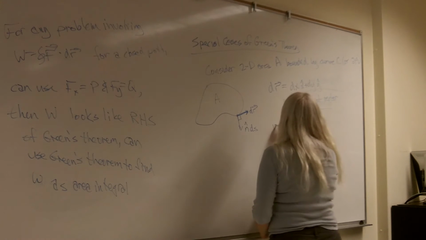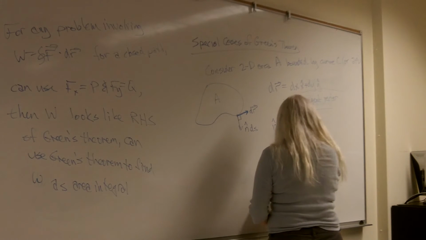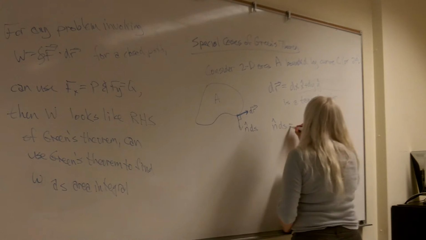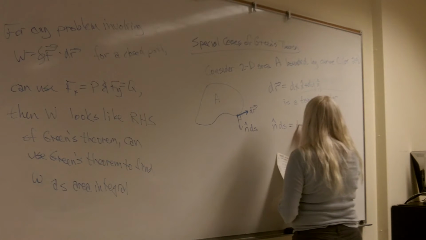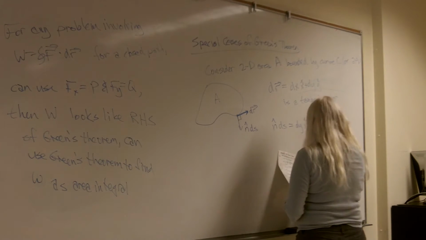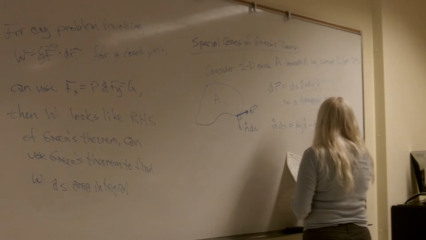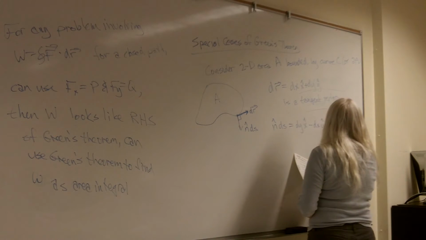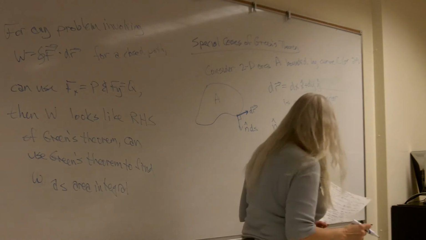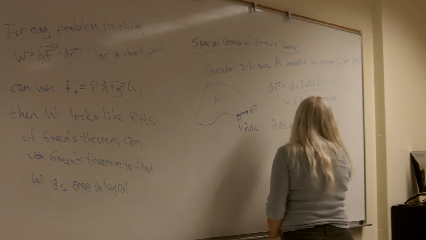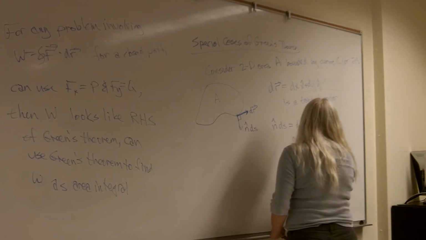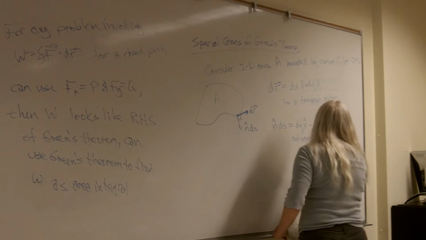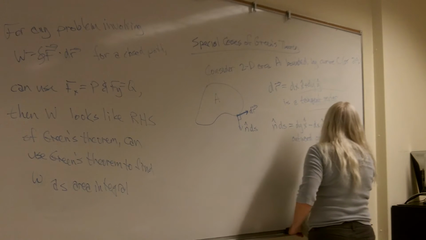And my claim is that n hat ds is going to be dy times x hat minus dx times y hat. Let me convince you of those components in just a moment. But this is an outward pointing normal vector.